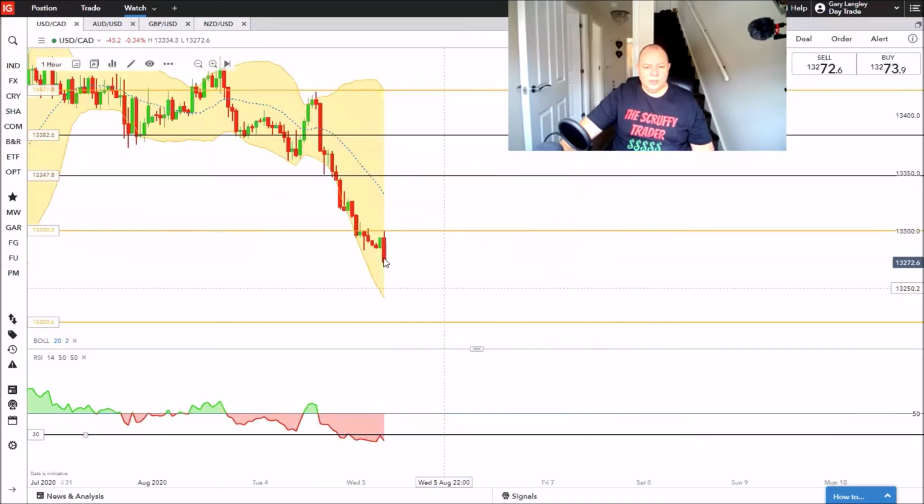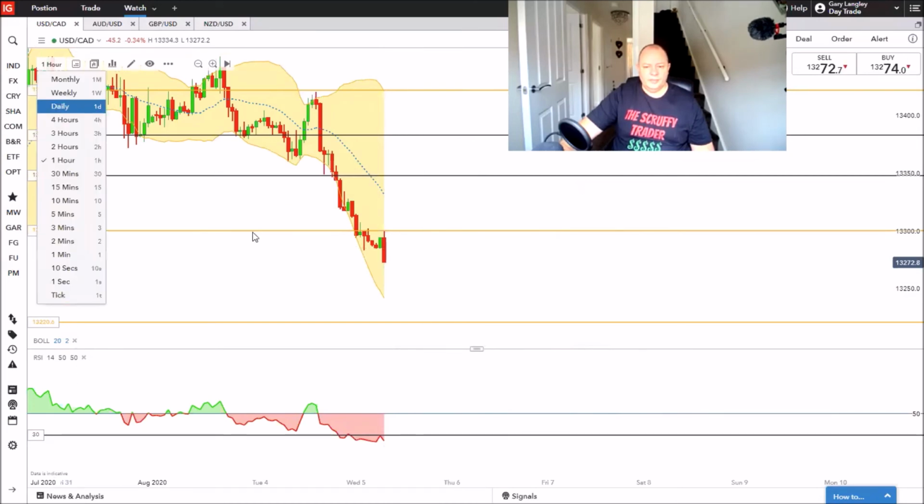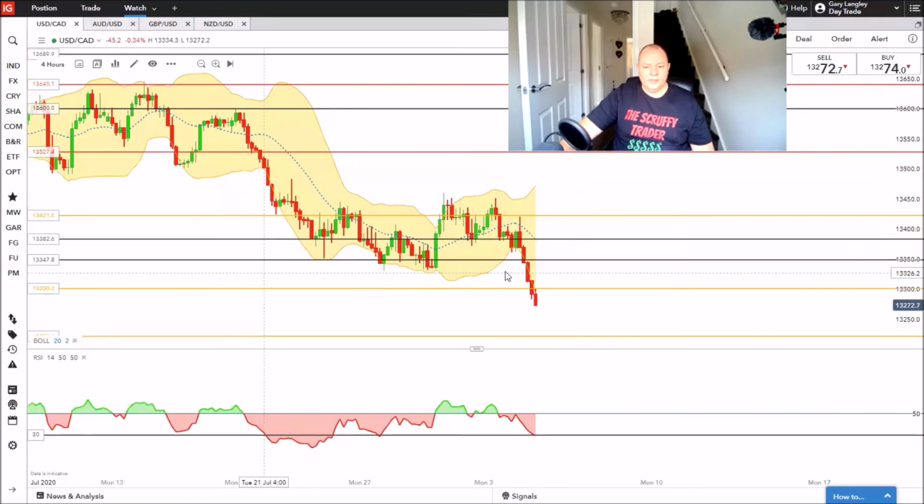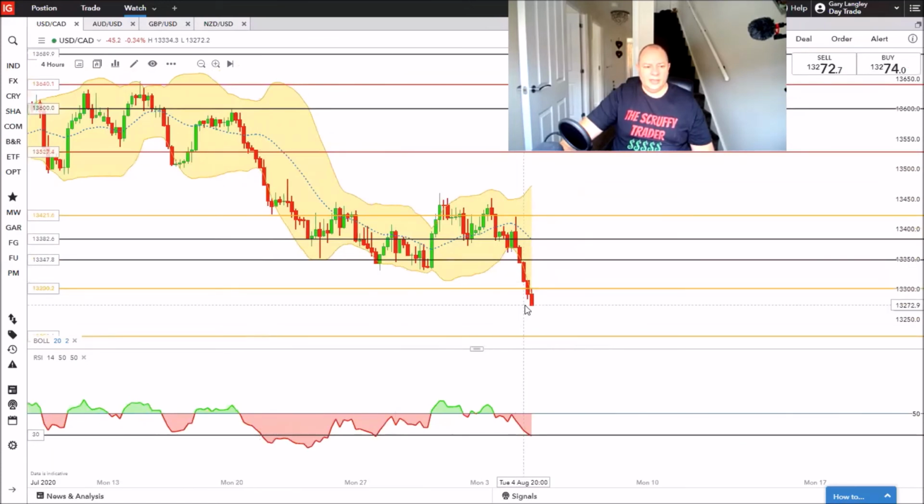I think there's a good probability that's going to push down and then bounce. Yeah, whopping big sell that. Definitely keeping an eye on this. There's no reason why it should be selling off the way it is.